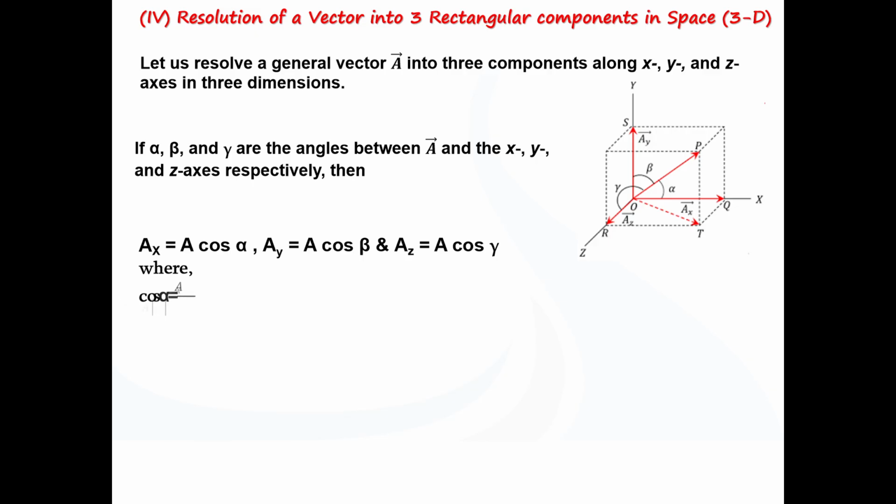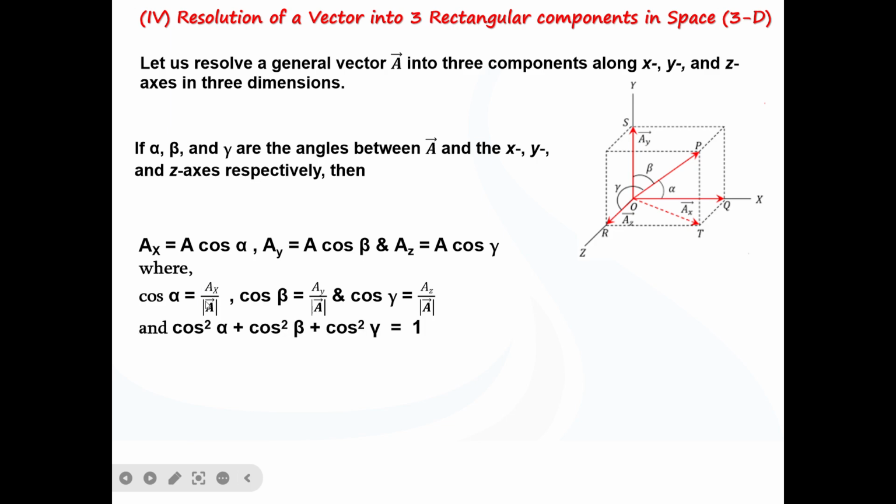Then Ax equals A cos alpha, Ay equals A cos beta and Az equals A cos gamma, where cos alpha equals Ax by mod A, cos beta equals Ay by mod A and cos gamma equals Az by mod A, and cos square alpha plus cos square beta plus cos square gamma equals 1.